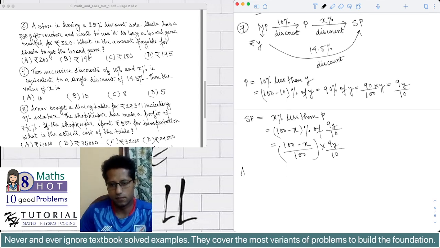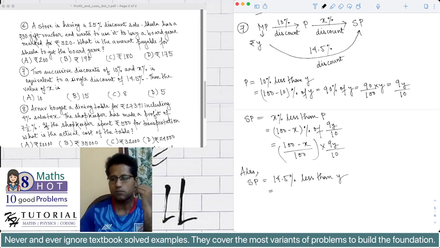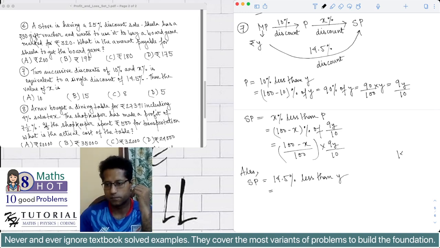Also we can say SP will be equal to 14.5% less than y. Now 14.5 is equal to 145 by 10.